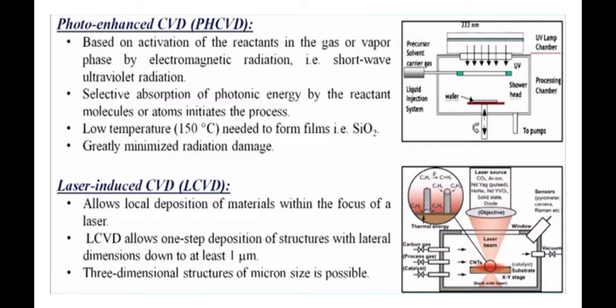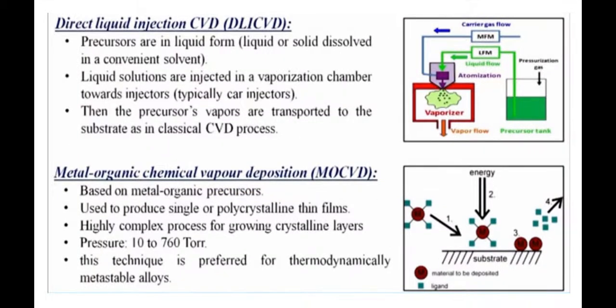Next one is called the direct liquid injection process. So here precursors in liquid form, or liquid or solid dissolved in a convenient solvent, are injected in a vaporization chamber through injectors, typically like car injectors.